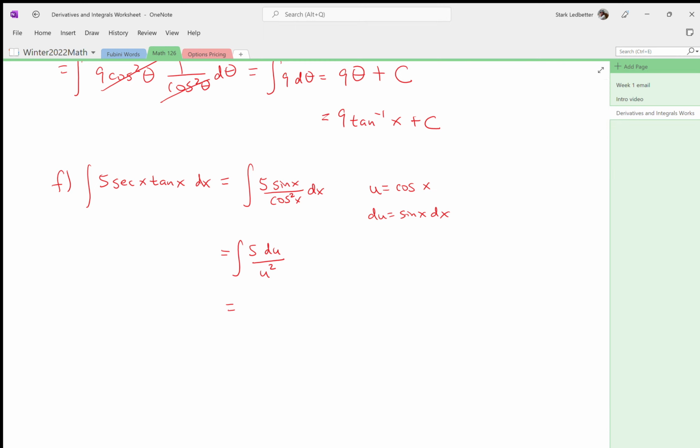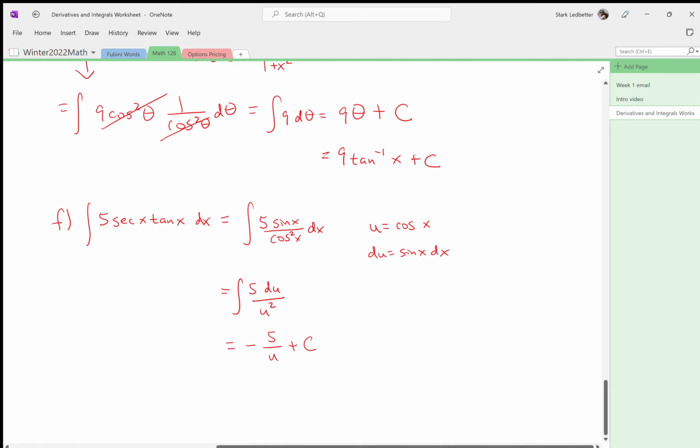I am suspicious about something. Okay, let's do this for now. So I'm going to increase the power by 1 and divide by the new power. So that's negative 5 over u plus a constant. Why is this one negative, but when I took the derivative, it wasn't negative?